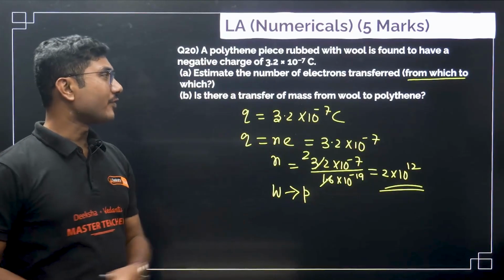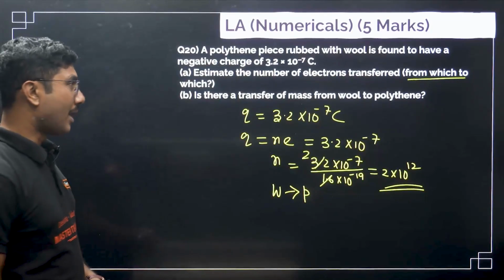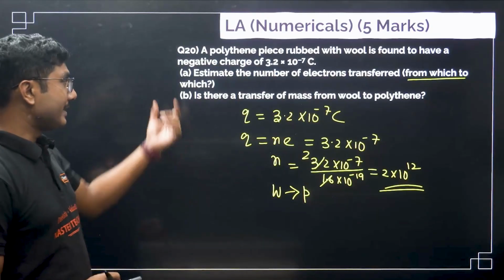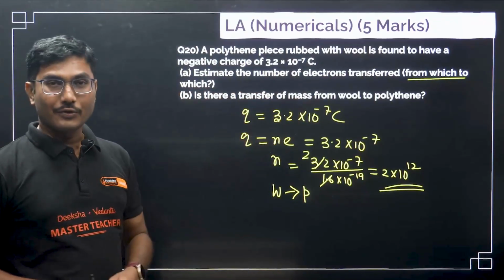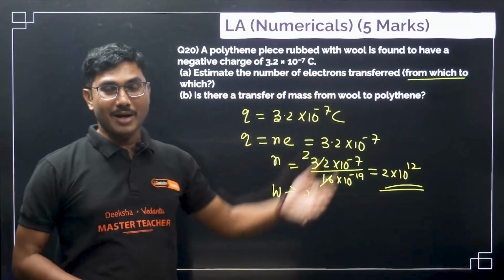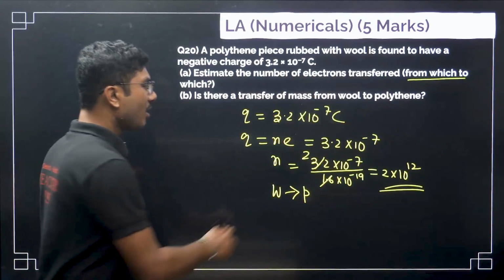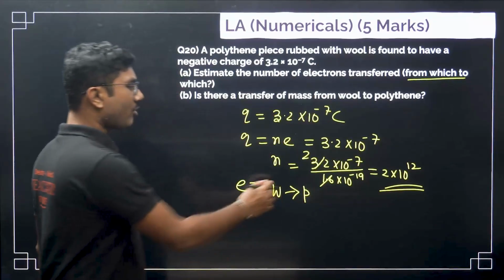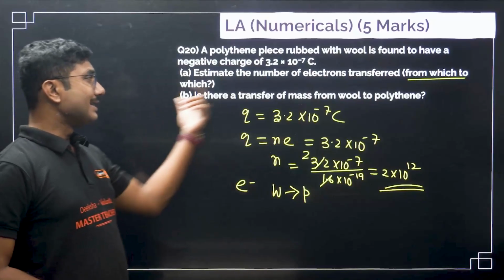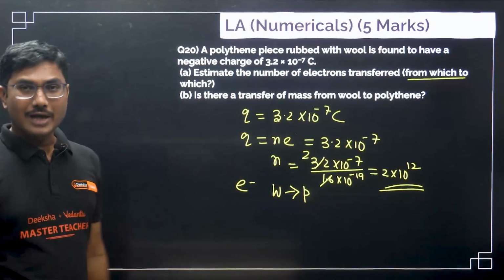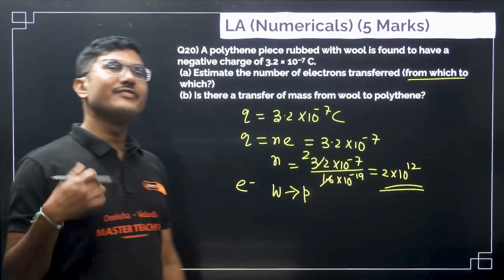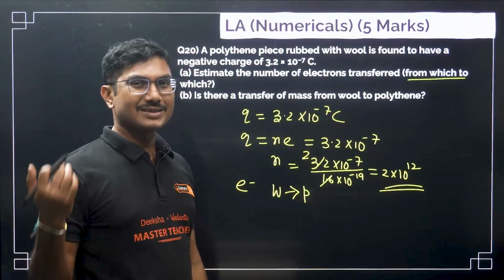Is there a transfer of mass from wool to polythene? See, in option B, the question itself mentions from where to where the mass is transferred. So electrons are transferred from wool to polythene. Is there a transfer of mass? Now the mass of an electron is very small, 10 to the power of minus 31.